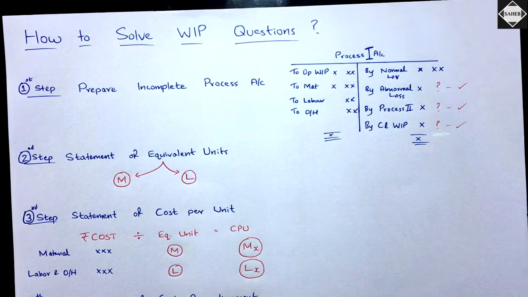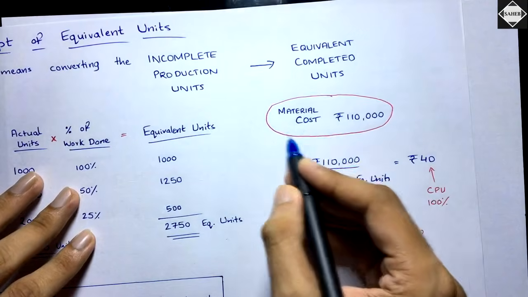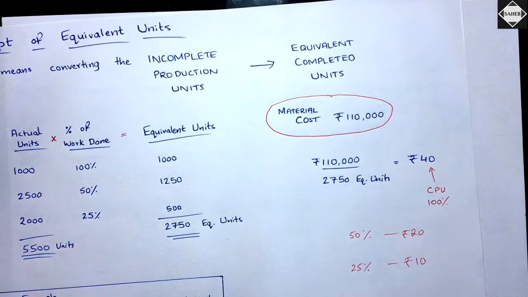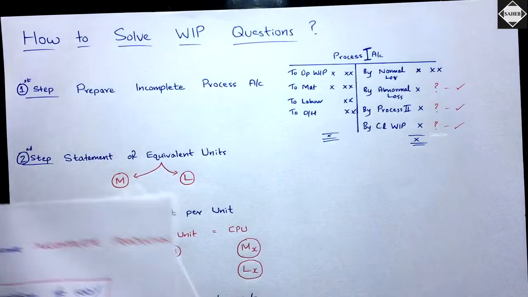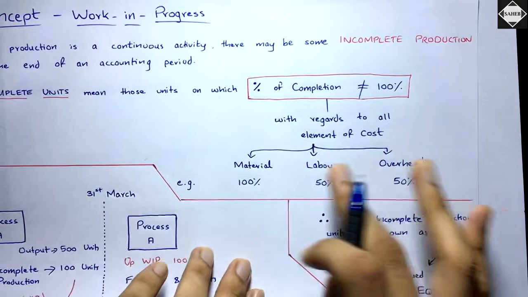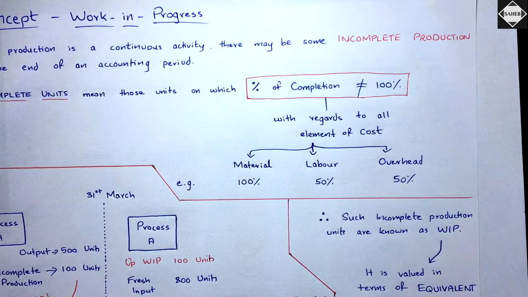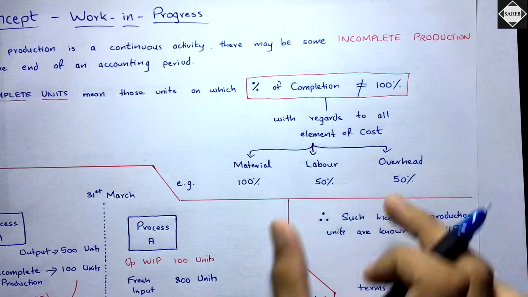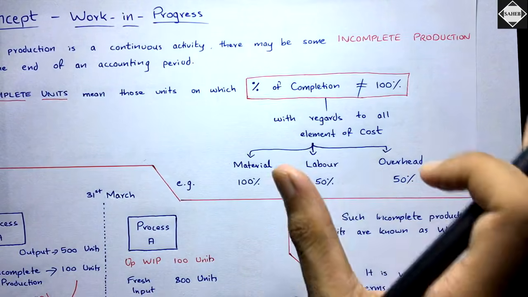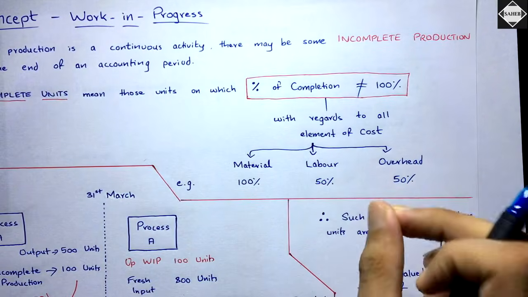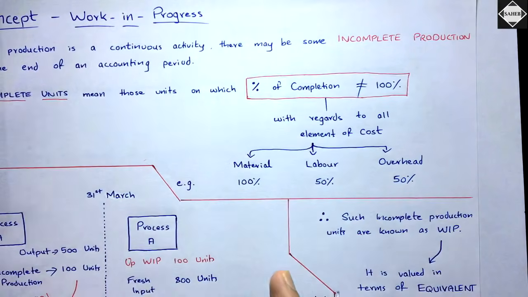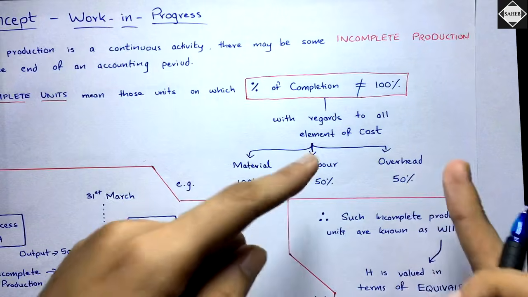Now I have just explained in that example only the equivalent units with regard to material cost, but in the question you have to prepare the statement of equivalent units for material, for labor, for overhead, for each and everything separately. But mainly in the exam, labor and overhead percentage will be the same 99% of the time, so you will do material in one column, and labor and overhead together in one column.